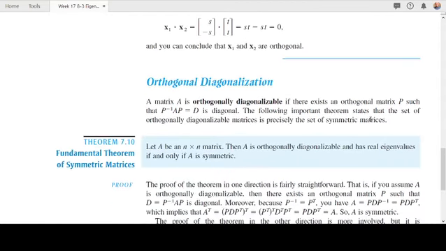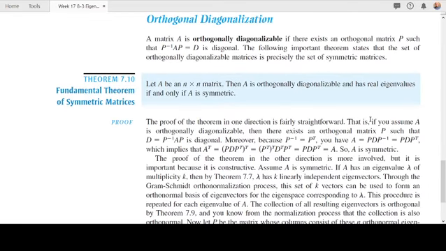Finally is the main theorem, the fundamental theorem for symmetric matrices. Orthogonal diagonalization. A matrix A is orthogonally diagonalizable if there exists an orthogonal matrix P, or unitary matrix P, so that P inverse AP equals D, a diagonal matrix. Now, P is an orthogonal matrix.